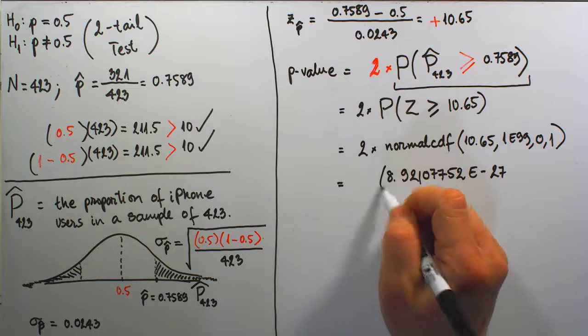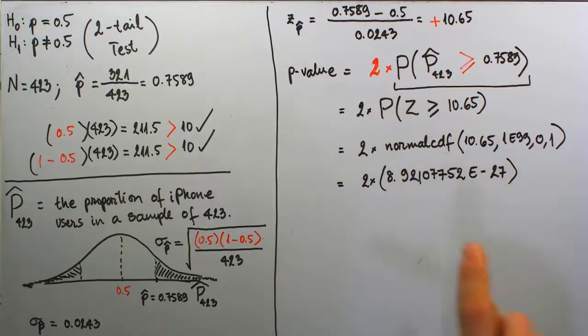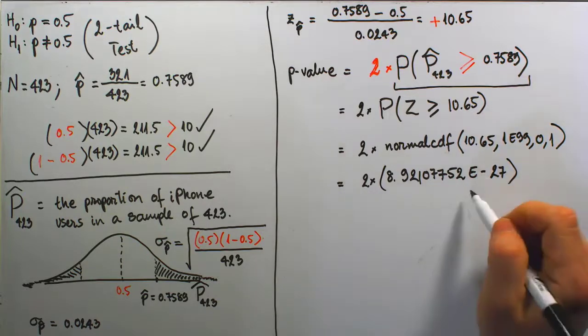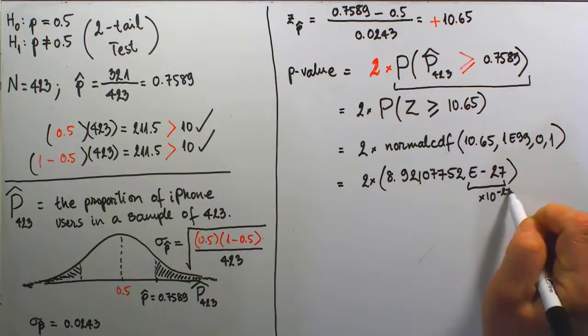And don't forget, we need to multiply this quantity by 2. So this lengthy expression right here from the calculator means it's times 10 to the negative 27.